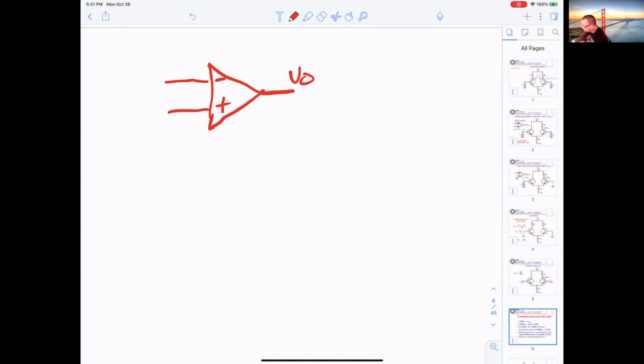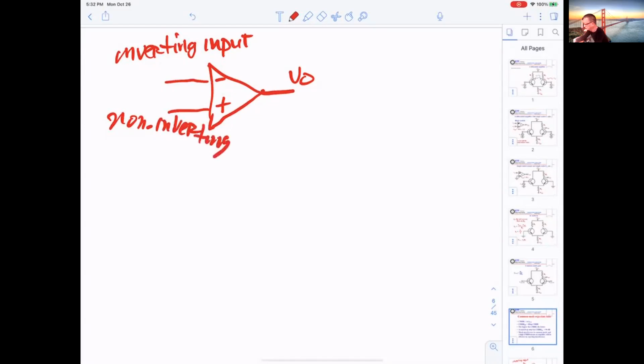The one that goes to the negative, we call it the inverting input, and the one that goes to the positive, the non-inverting input.